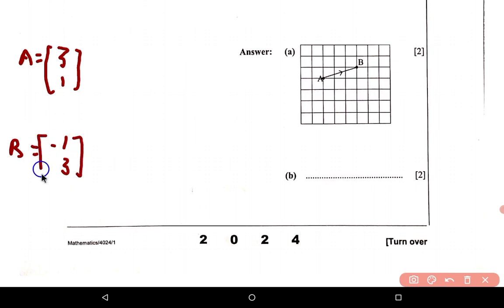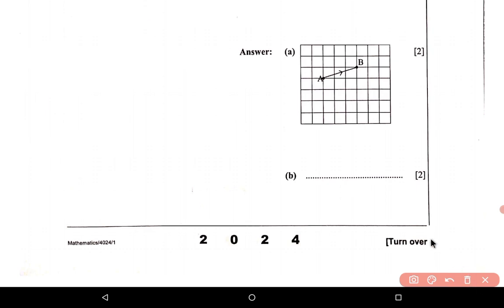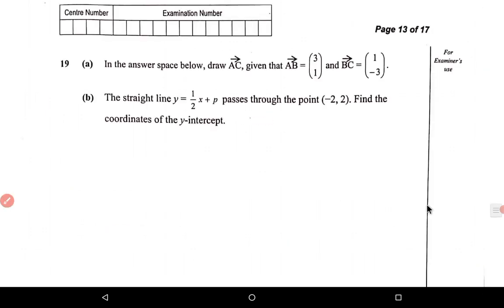Okay, so here's what we have. So A, this is the coordinates for A. The coordinates for A, this is 3, and then this has to be 1 because we take them like so, x over y. Okay, so B is actually, let me get this nicely.